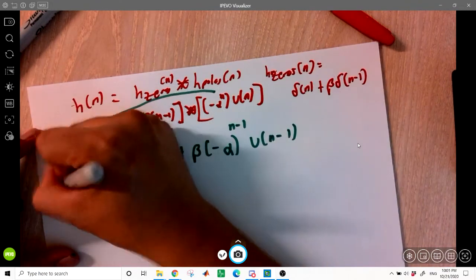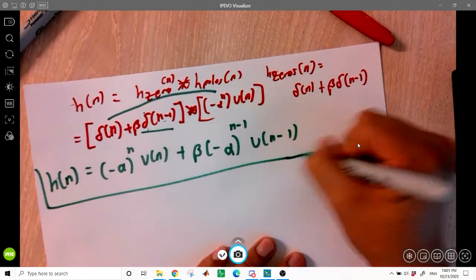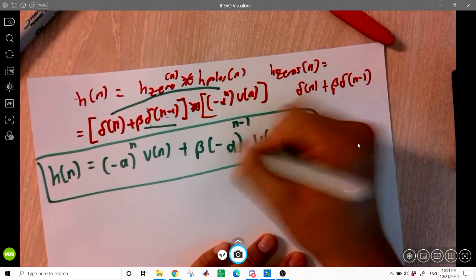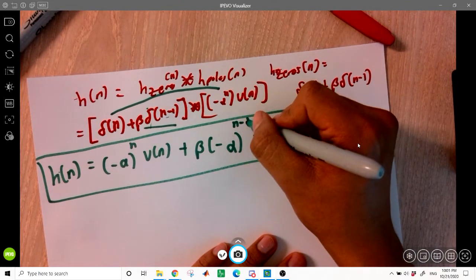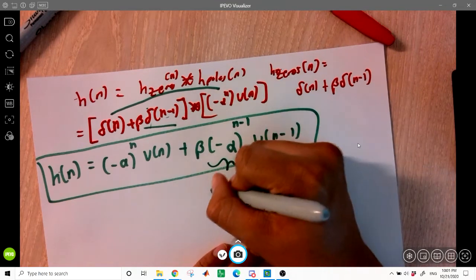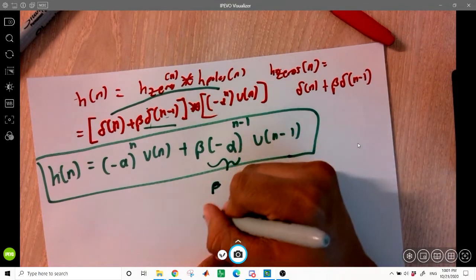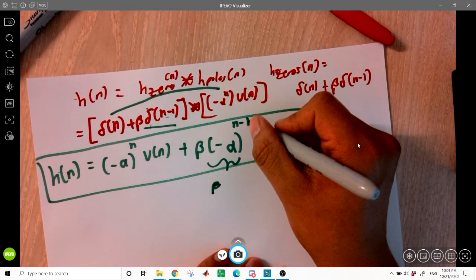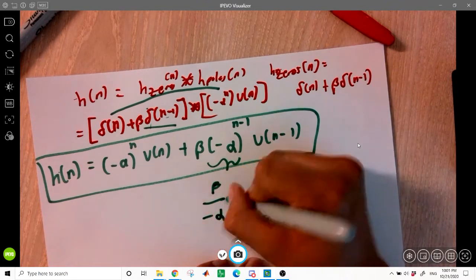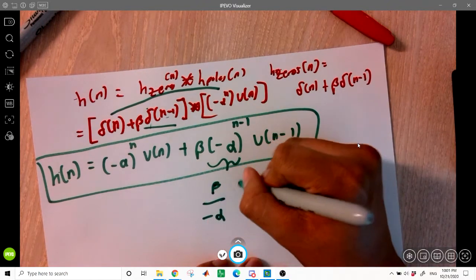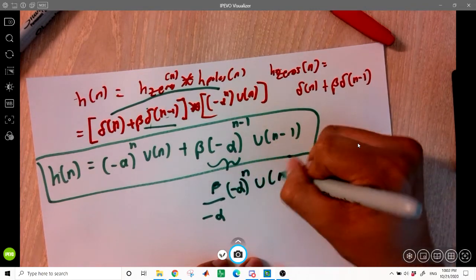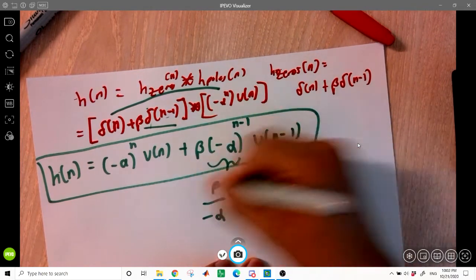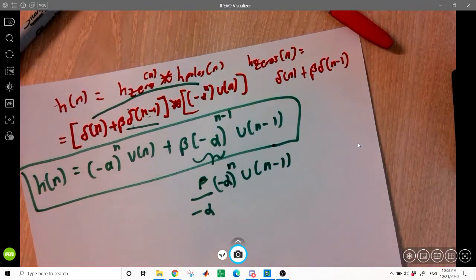There we go. And this right here is your total response. You can do a quick trick with this: if you wanted to factor this out, this can turn into beta, and we would have factored out one of the alphas, alpha to the minus 1. So this would be your total impulse response.